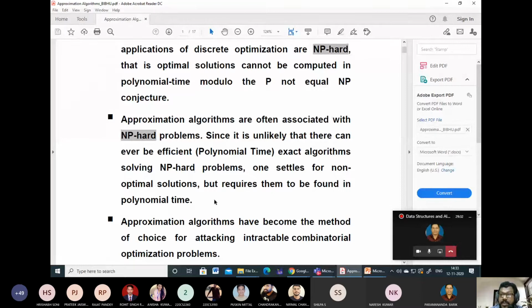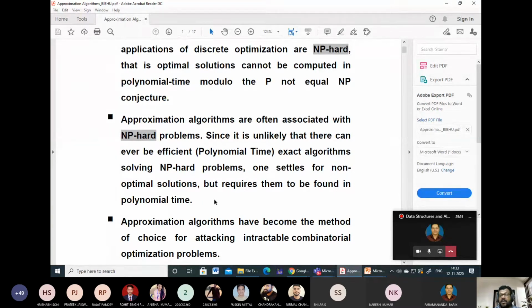So casually they use a statement while presenting: my problem is NP-hard, my problem is NP-complete. The examiner expects that you must know the art of proving your problem to be NP-complete or NP-hard. We face this many times.